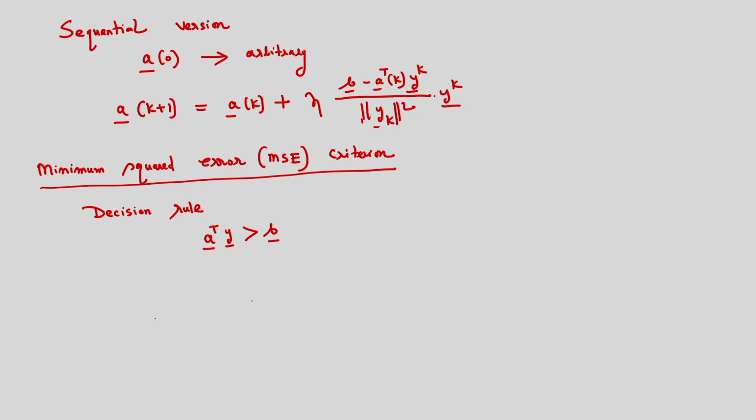And the decision surface, I can represent like this: A transpose Y is equal to B. This is the equation of the decision boundary, where B is the margin vector.